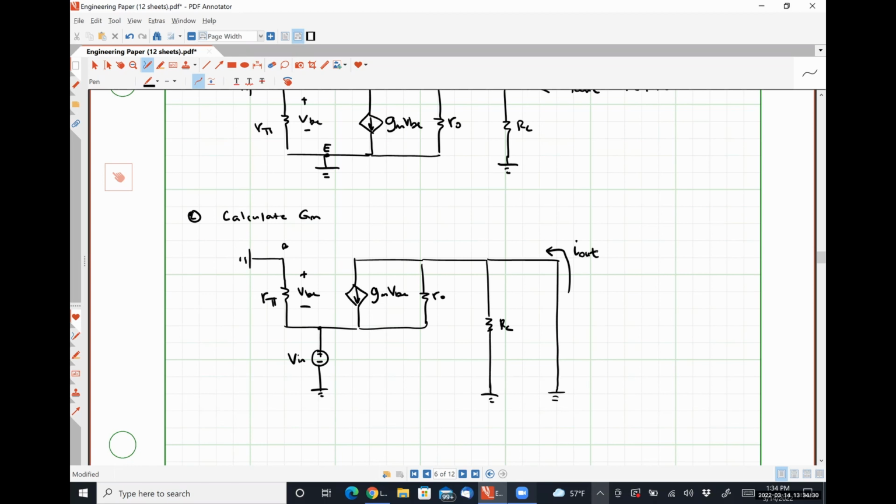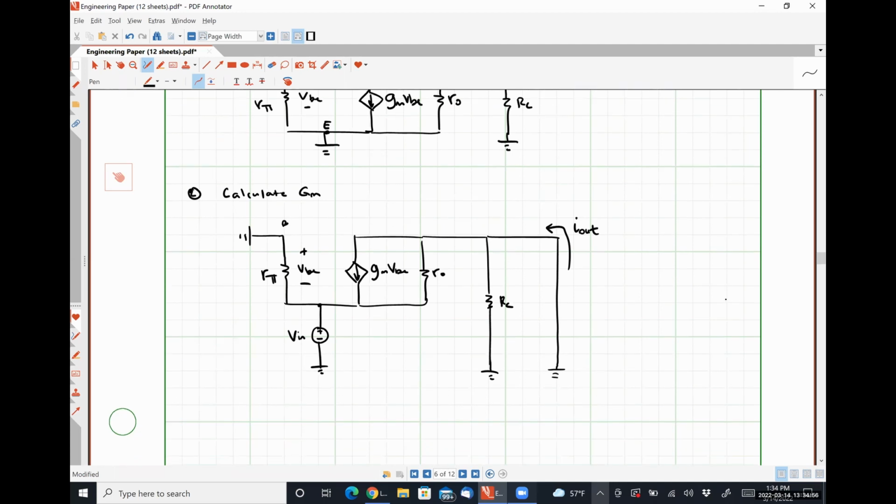And capital GM is simply I out over V. So no current is going to branch off and flow through RC because it's grounded on both sides, right? So that's a pretty fantastic simplification.